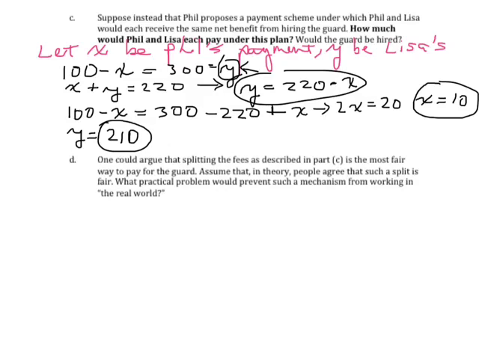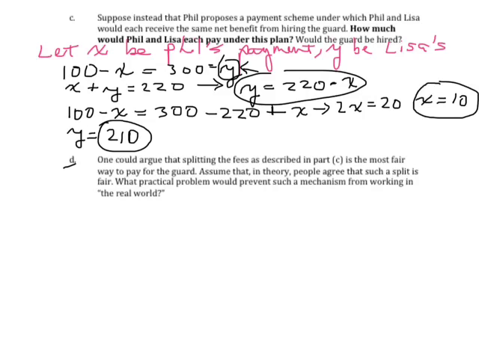But anyway, we're ignoring the question of whether Lisa feels like this is an unfair arrangement. Instead, we're using the rational principle: do action X or support policy X if the benefits of policy X are greater than the costs of policy X. And under that criterion, Lisa and Phil both support the plan, and the guard gets hired.